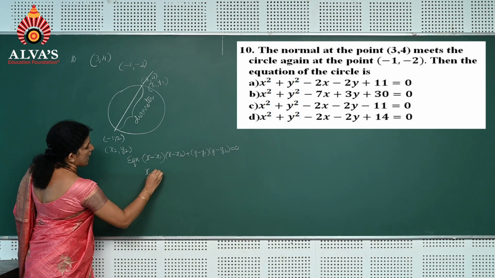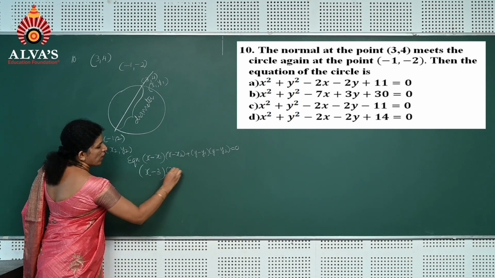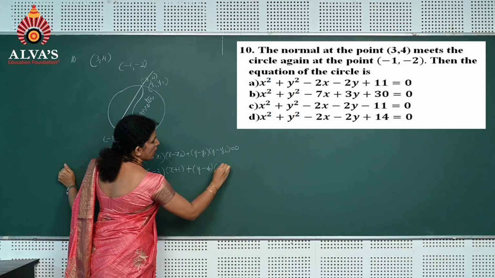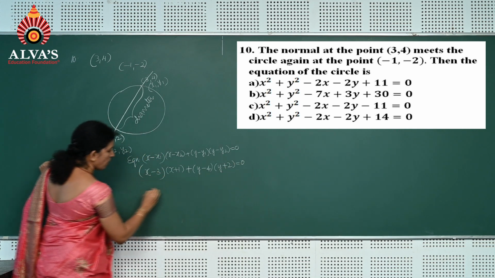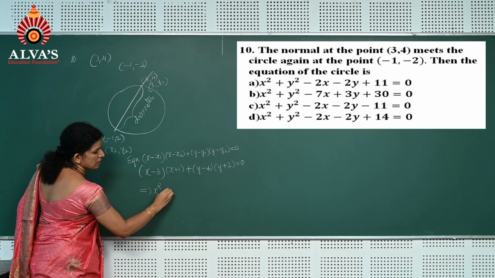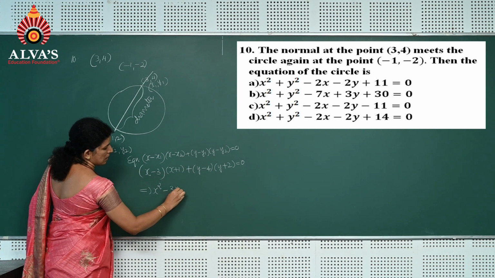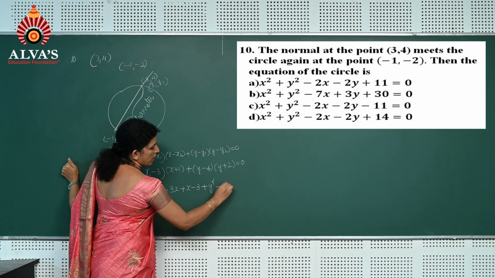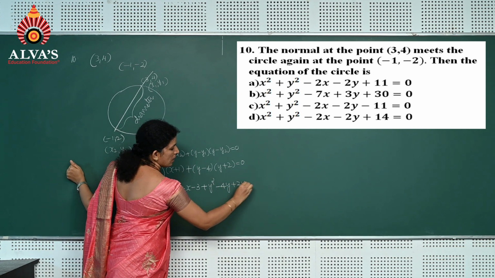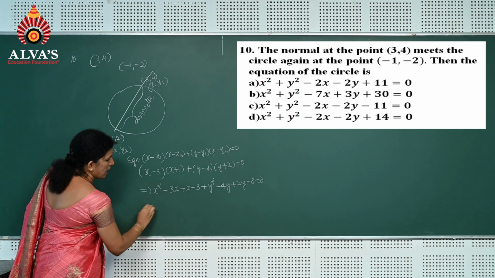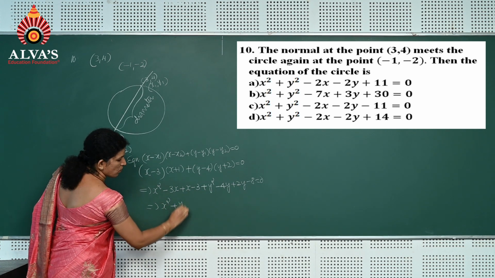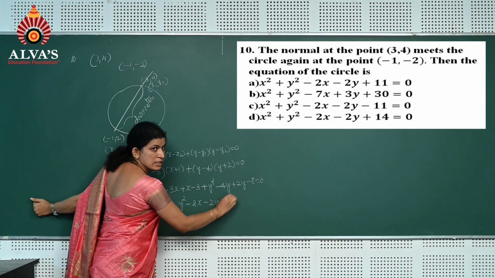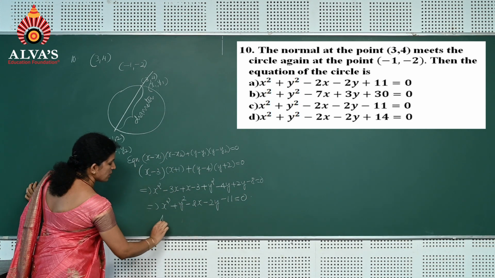Substitute: (x - 3)(x + 1) + (y - 4)(y + 2) = 0. Simplify this: x² - 3x + x - 3 + y² - 4y + 2y - 8 = 0. That is x² + y² - 2x - 2y - 11 = 0. So the answer is C.